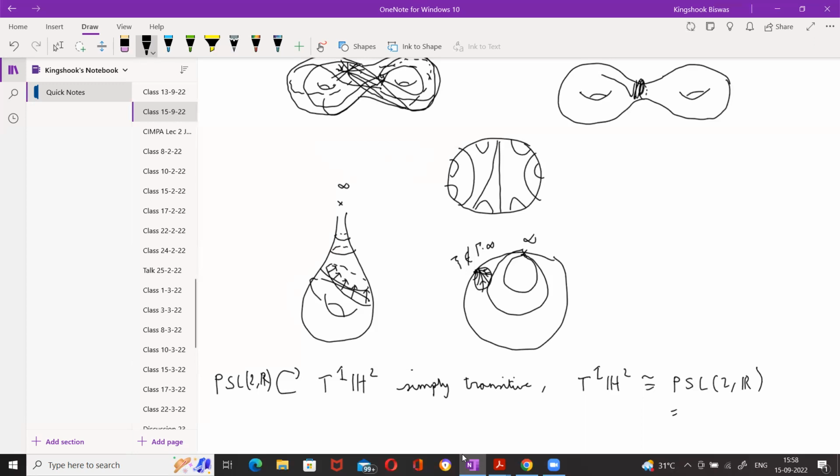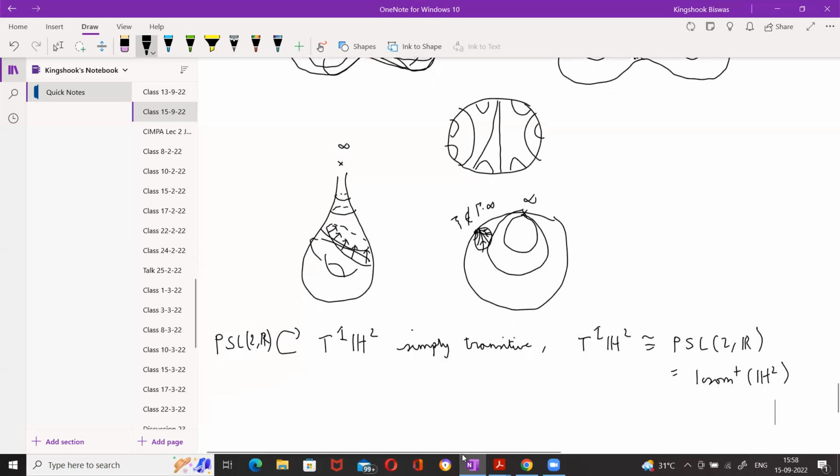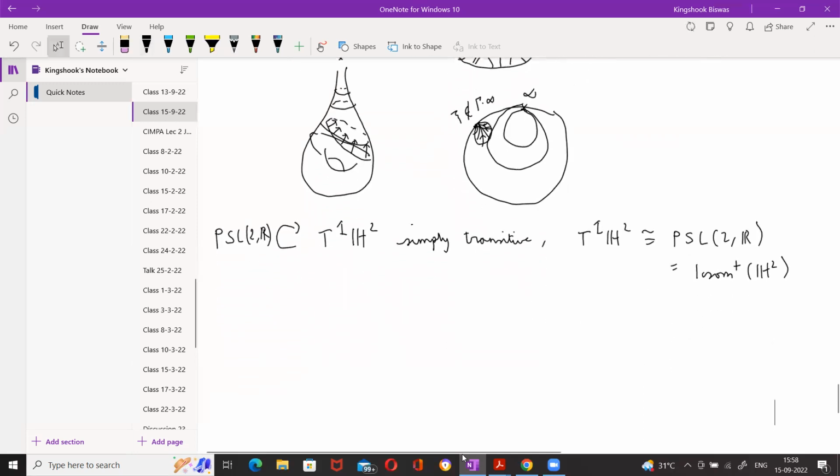And here you have the geodesic flow acting on the unit tangent bundle.